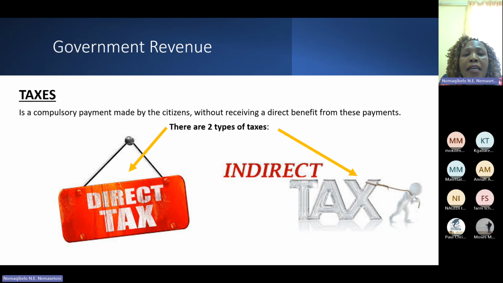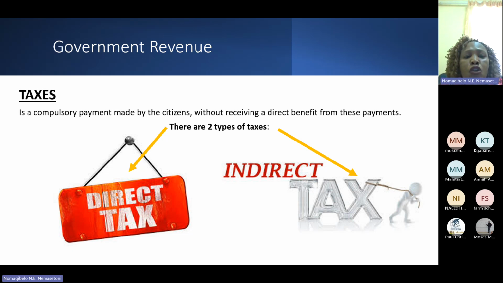Now, the government revenue, which is the government income. The government generates its income or its revenue by charging taxes on its citizens, as well as on their businesses. It is a compulsory payment made by the citizens without receiving a direct benefit from these payments.